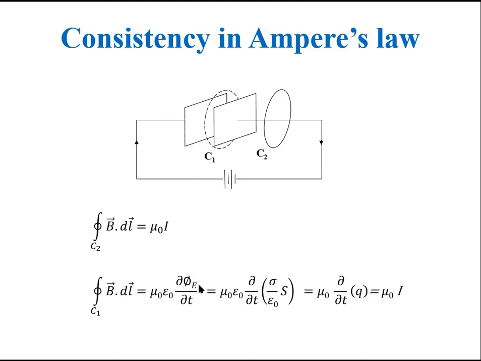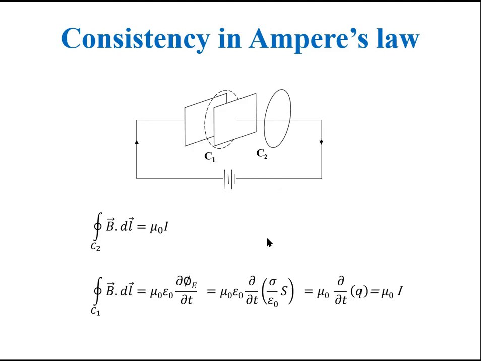The electric field inside the capacitor is sigma by epsilon naught, where sigma is the surface charge density on the plates of the capacitor. Sigma multiplied by S will then be the total charge on the plate of the capacitor. So this whole expression will be mu naught times del Q over del t, or mu naught times I. This I is essentially the current drawn by the battery. So the modified Ampere's law gives the same value of magnetic field for both loops C1 and C2.